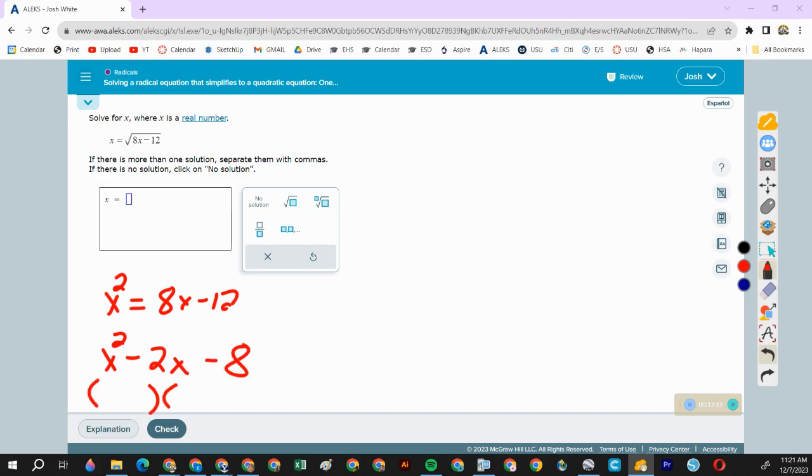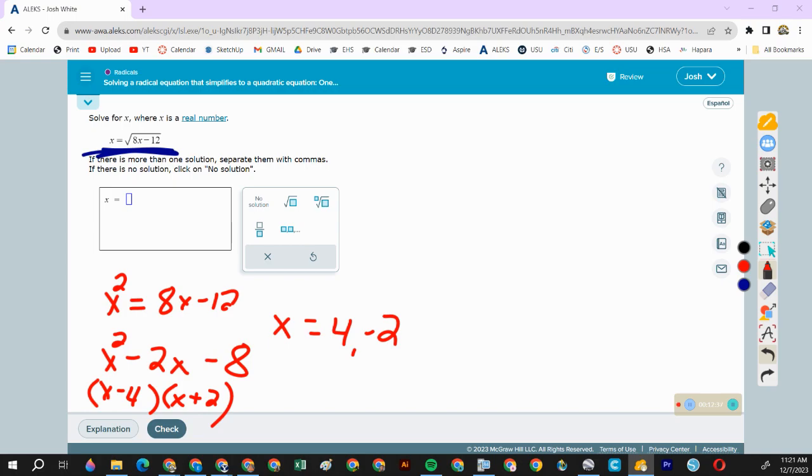What would that be? x minus 4 and x plus 2. So what are my roots? 4 and negative 2. What do you think? Just 4. Negative 2 is not allowed. So does this have an answer? As long as it's positive.